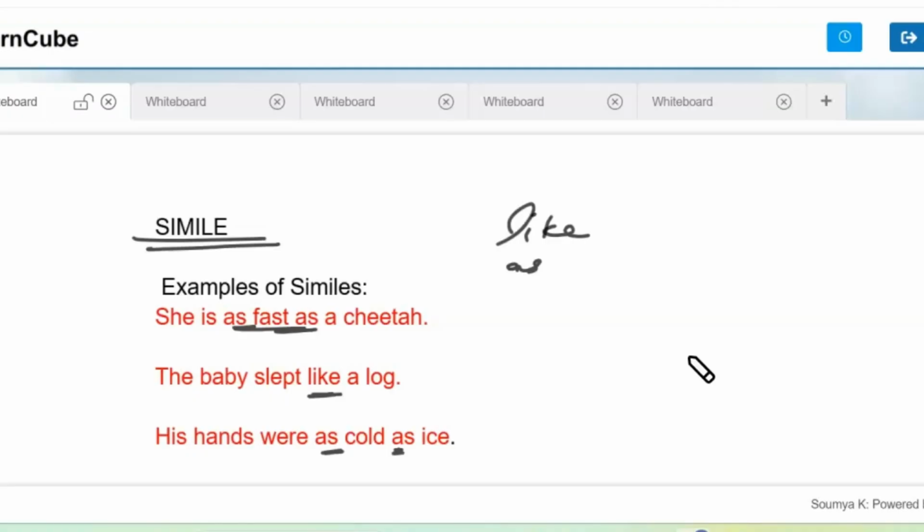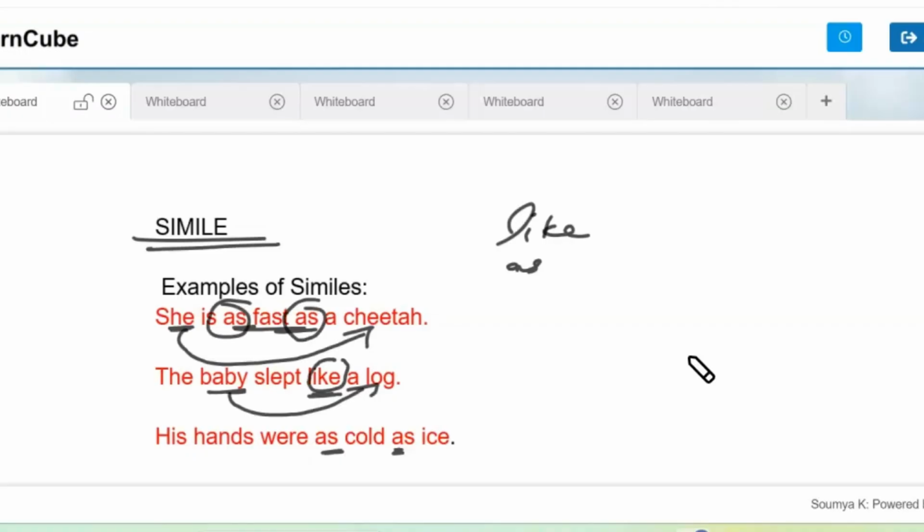So what is happening in each of the examples is she is being compared with a cheetah due to its speed. Here the baby is compared to the log, the way he is sleeping, and you can see here like is used. Here you can see as fast as is used.